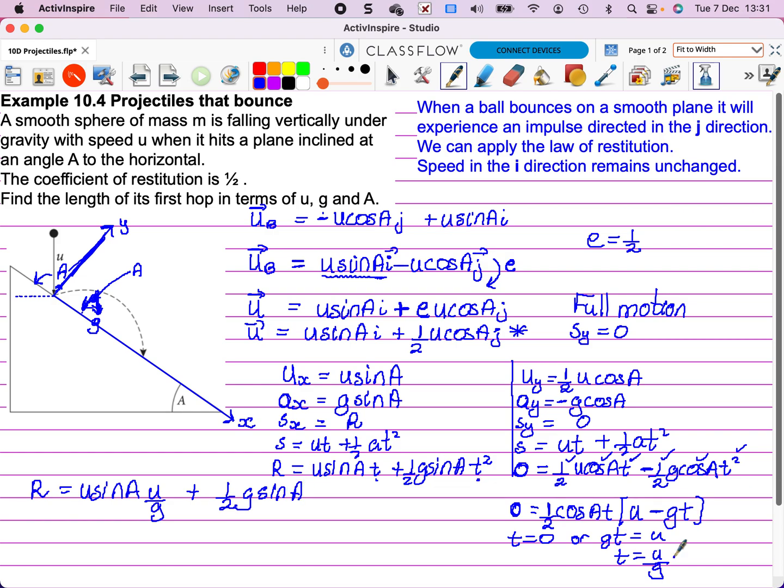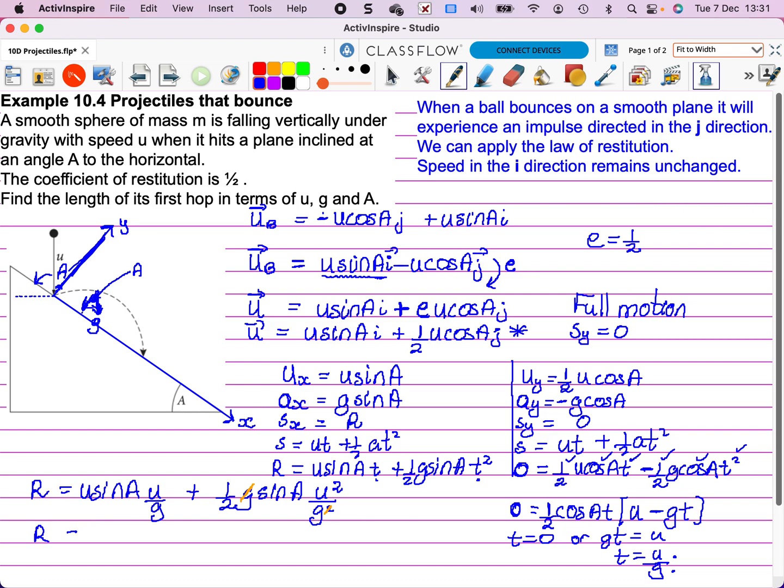Now t squared will be u squared over g squared. So we've now got u squared over g squared. Now, you should spot that this g and this g will cancel, and we can factorize this expression.